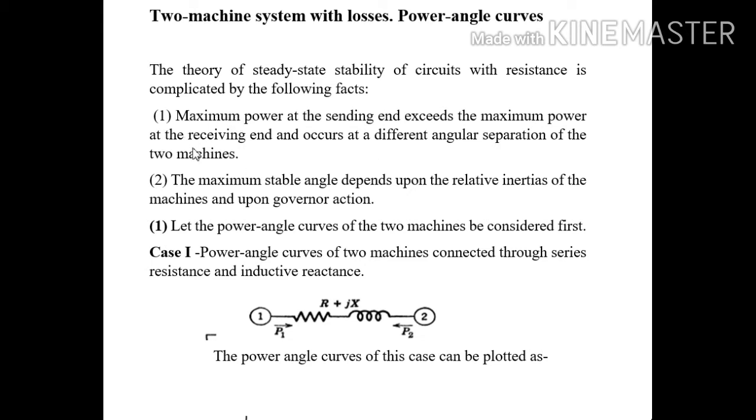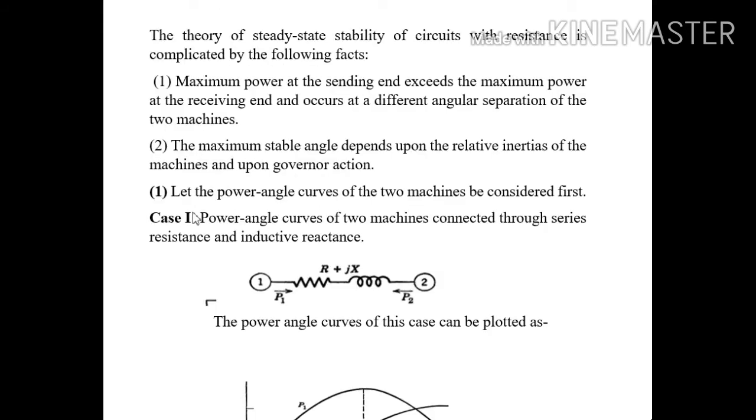That is our today's topic of discussion, the nature of the power angle curves for different cases that we will see later on. And the second fact is that the maximum stable angle depends upon the relative inertias of the machines and upon the governor action. So let us consider the first one.